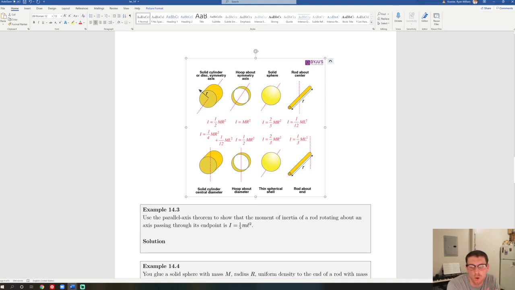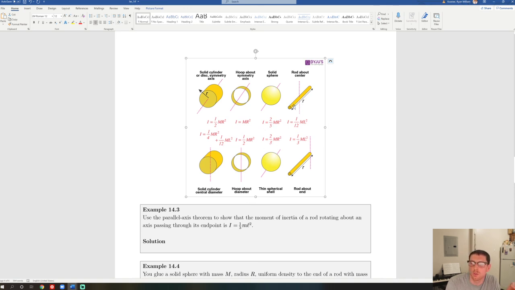We have a hoop or like a ring, a solid sphere, a spherical shell. So the solid sphere could be thought of as maybe like a bowling ball, right? Where it has a uniform density. And a spherical shell could be thought of maybe like a beach ball, right? Where the inside is hollow. And obviously they have different moments of inertia, as you can see.